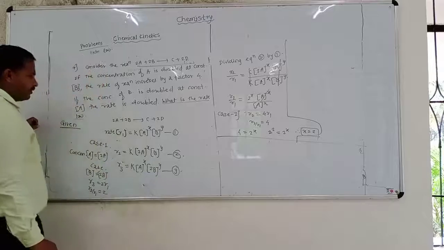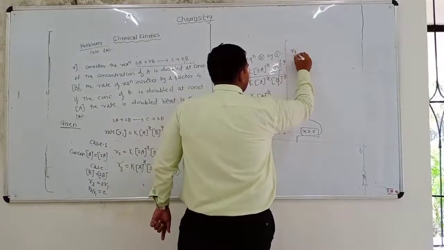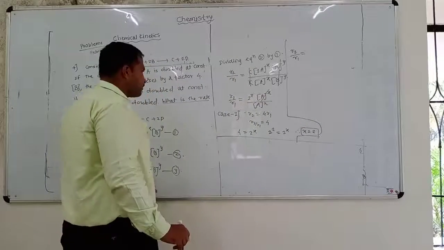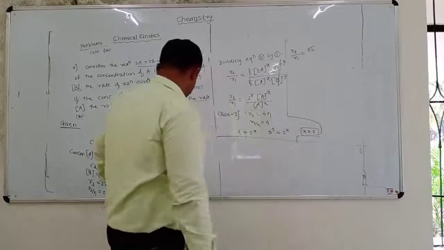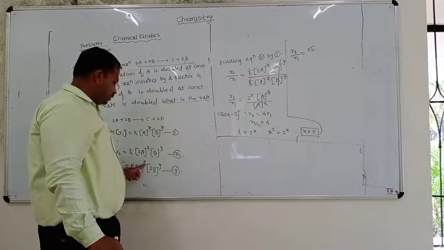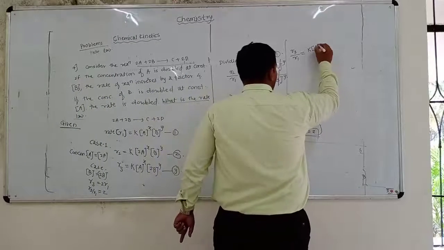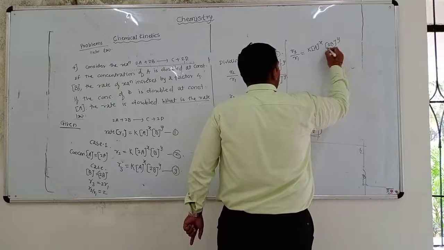This is the rate 3. Okay, see next equation, R3 divided by R1. What do we get when we take R3 divided by R1? K into concentration of A raised to X, concentration of 2B raised to Y, over K into concentration of A raised to X, concentration of B raised to Y.